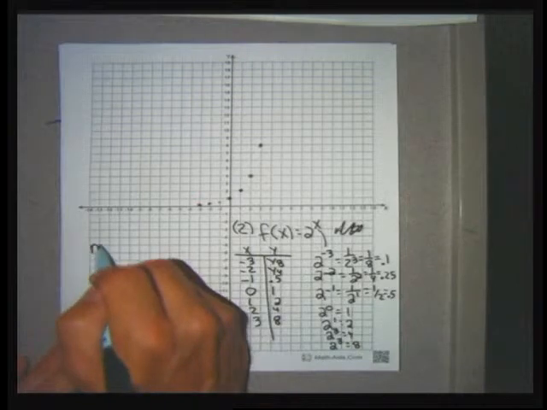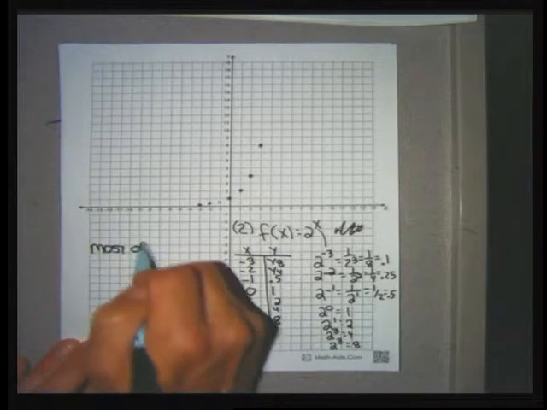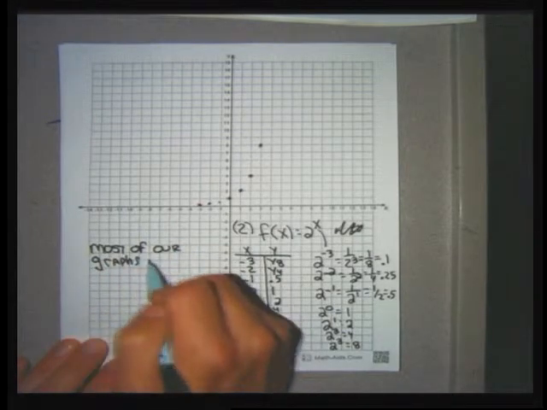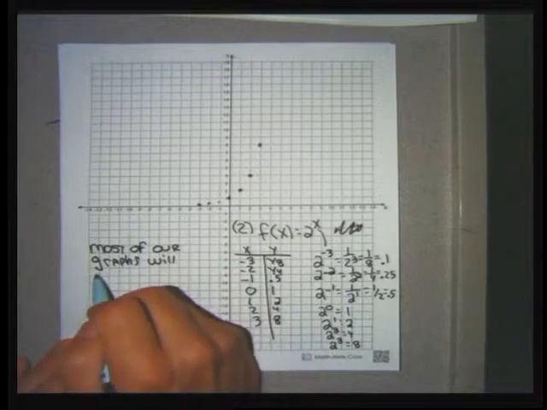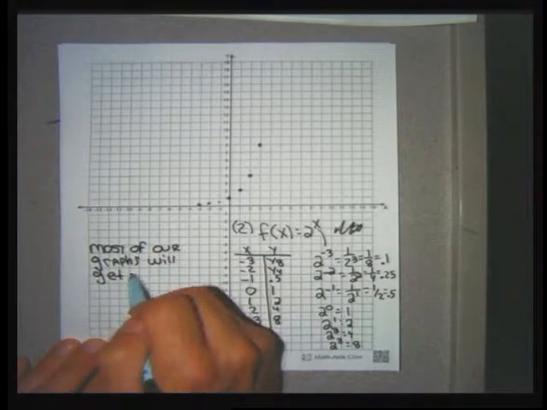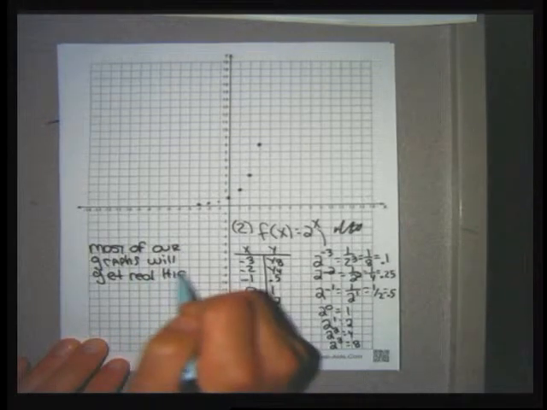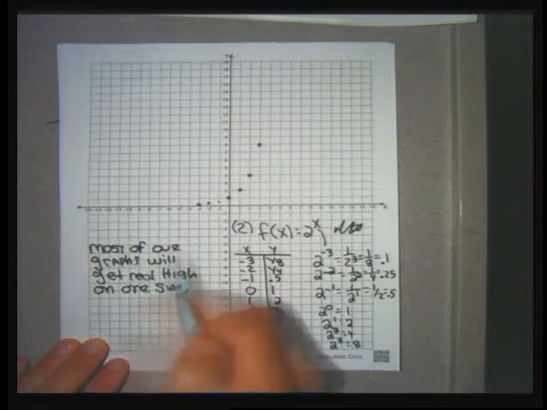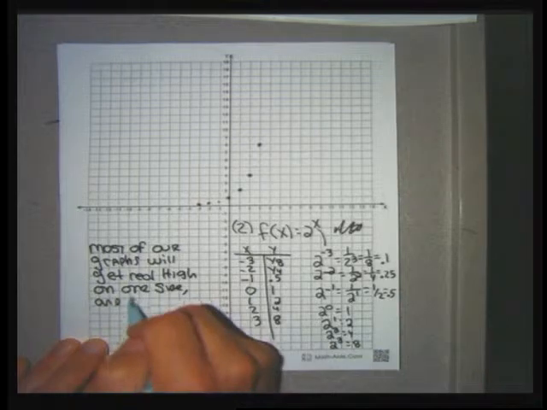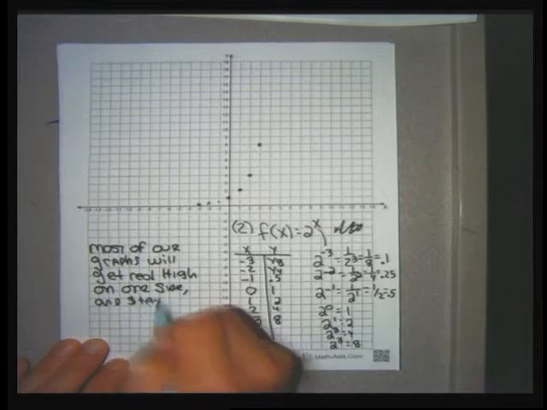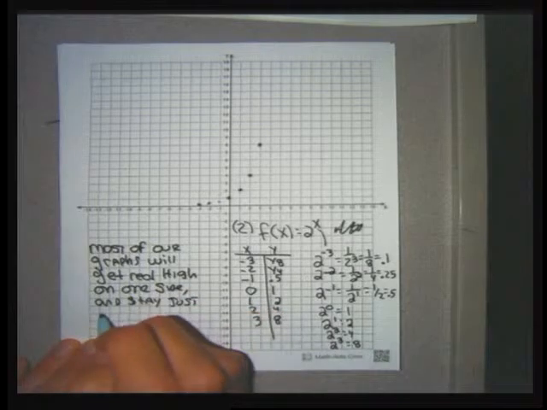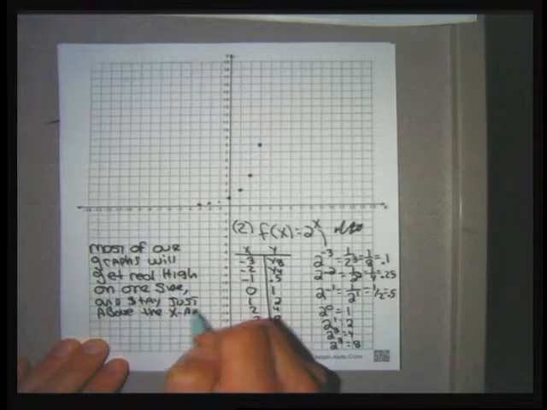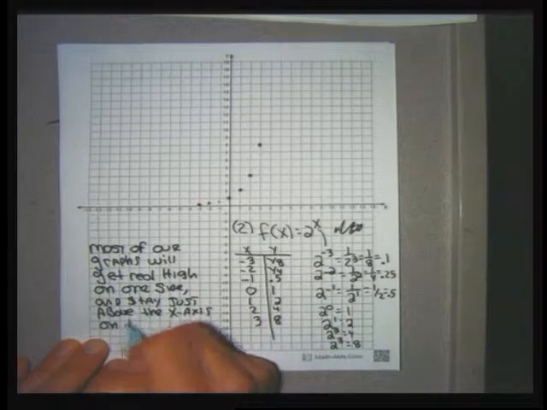So I'll say again, most of our graphs will get real high on one side and then stay just above the x-axis on the other side.